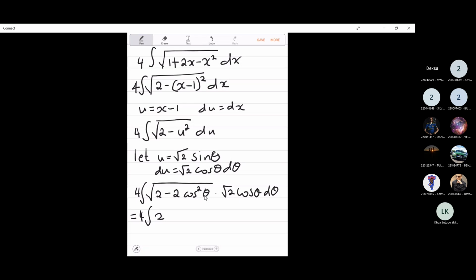Okay. Going very fast, that's why. So this is sine squared theta because it's this one squared. Okay, so then I have 1 minus sine squared theta. The square root of that is just cos theta. This is cos squared theta d theta.